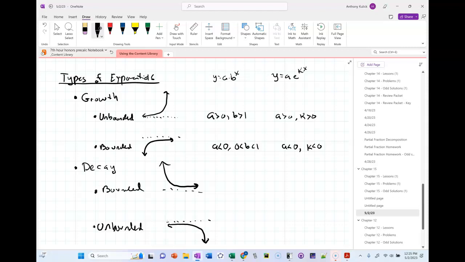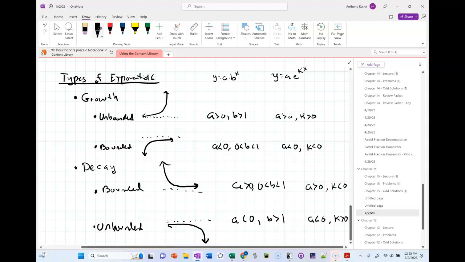So bounded decay happens when a is positive and b is between 0 and 1, or when a is positive and k is negative. And the unbounded kind happens in the other situation where a is negative and b is bigger than 1, or when a is negative and k is positive.